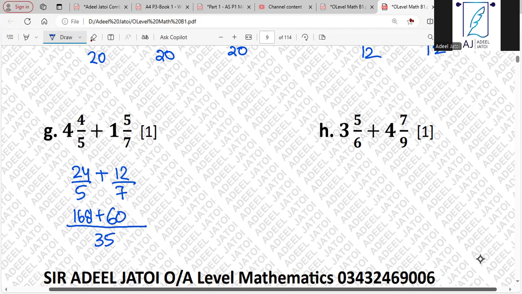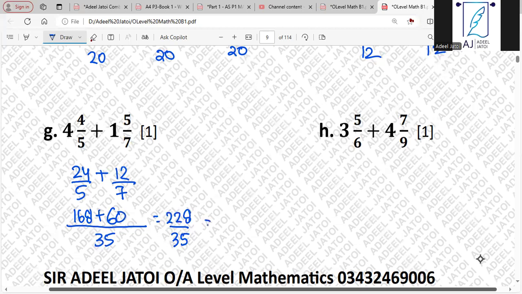So 168 plus 60 is 228 upon 35. We can always change this into a mixed number.